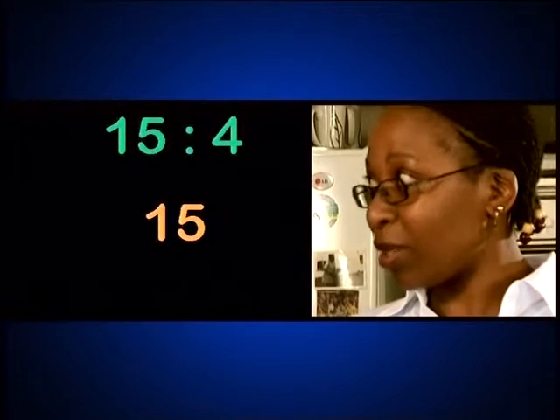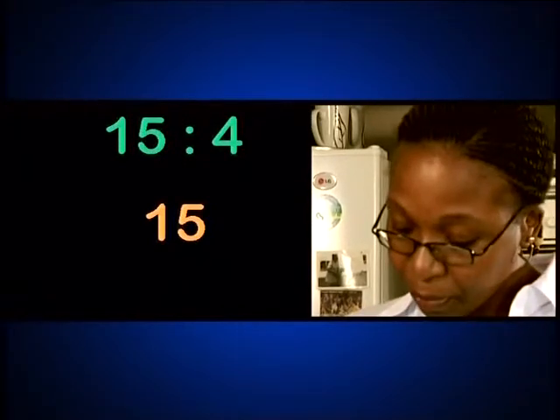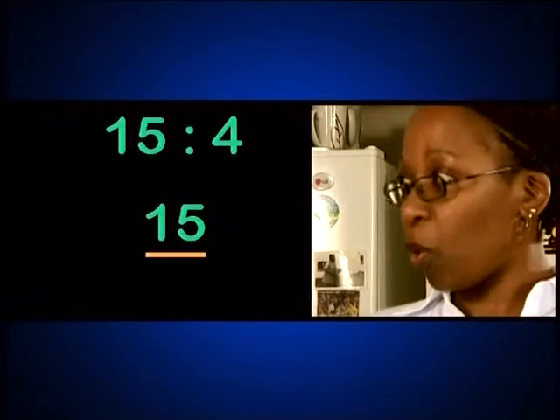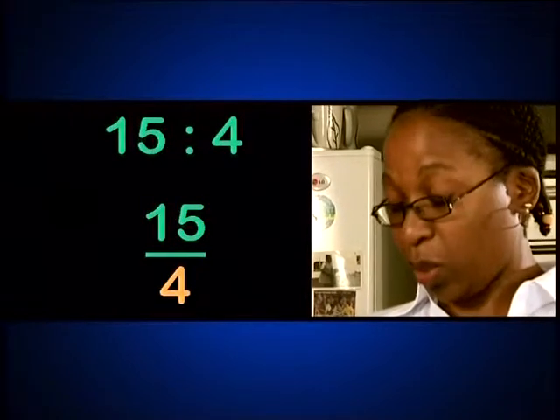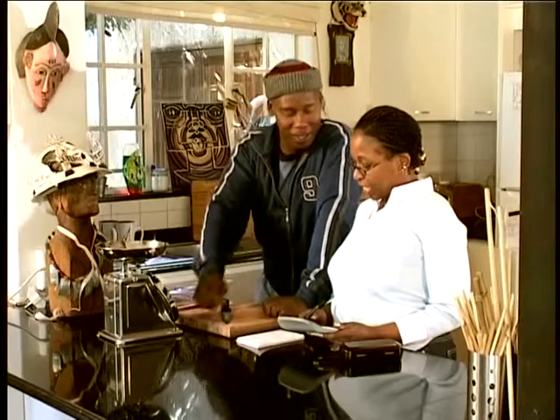How do you know what number to put on top when you write the ratio as a fraction? Well, a ratio is a relationship between two quantities, one known, the other unknown. So 15 represents the new ingredients, which is unknown, and that goes on top. And the 4 represents the original recipe, which is known, that goes at the bottom. Neat, eh? Yeah, cool.